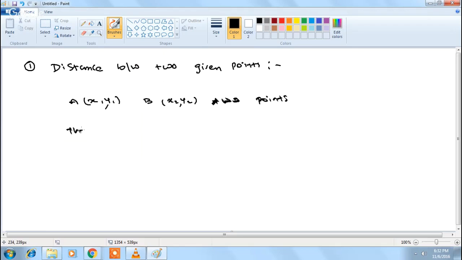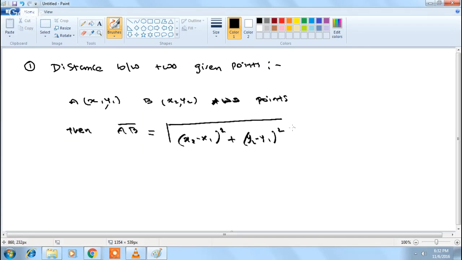Then the distance between A and B, written as AB bar, is given as root over (x2 minus x1) whole square plus (y2 minus y1) whole square. So always you have to remember this result. So what is the proof of this statement?